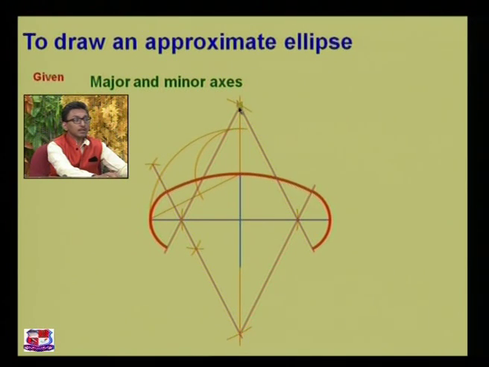Similarly, from the uppermost point till this much radius we will take, and we'll join this portion, and that's how we can get our approximate ellipse.